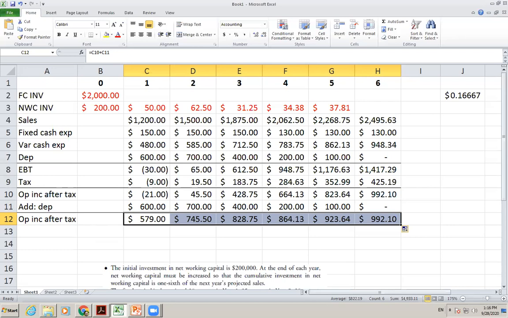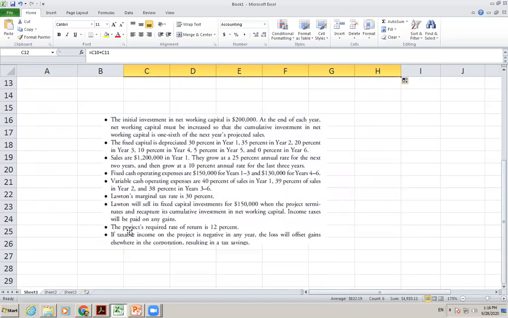Now let's see what's going to happen here. The Lautan will sell its fixed capital investment for 150,000 when the project terminates, and they recapture its cumulative investment in net working capital. So we need to take into consideration the net investment.